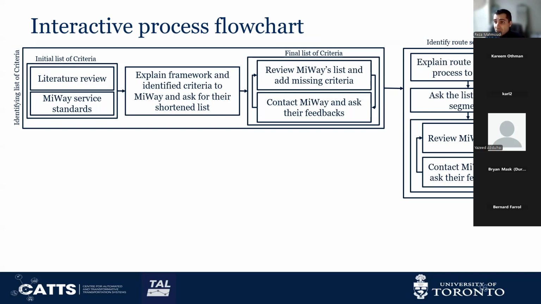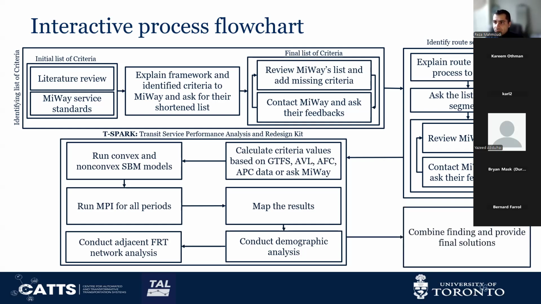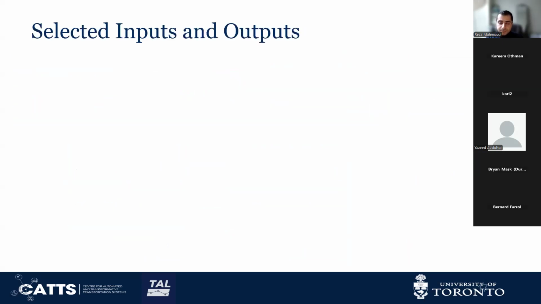So having the list of KPIs and the list of segments, then we can run T-Spark and identify source of inefficiencies within the network, and of course find the solutions-based strategies to deal with these inefficiencies.